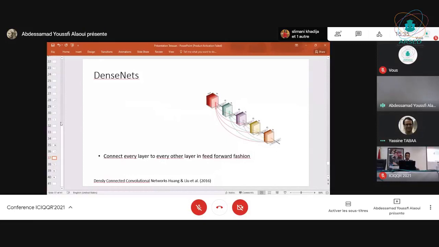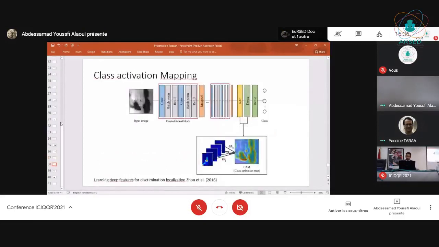We can use, for example, dense blocks which contain convolution, batch normalization and ReLU, and after that we apply a global average pooling in order to reduce the dimension or the size of images and concentrate the information in images. After that, we apply a flatten operation. Then we will use dense layers in order to classify those images.